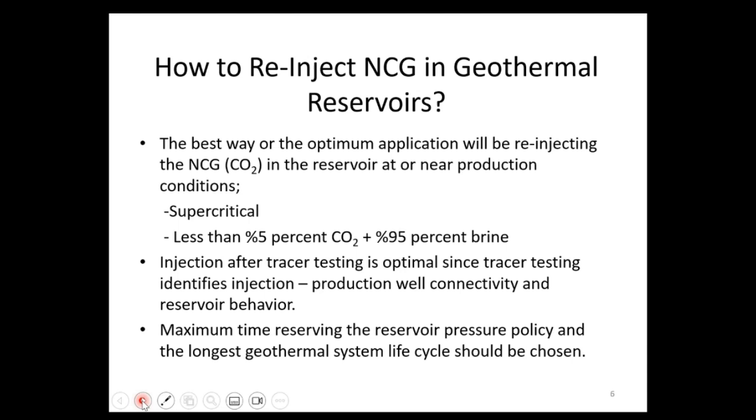Do not cause an early mobilization of communication between your production and injection wells. And if you already have a power plant with production and injection wells, it is best to run a tracer test to define the path of your brine, which way it mostly follows, which well is best to inject into, and which well is best to produce from. Then you can maximize and distribute your NCG according to your tracer test results, which is what we did in Turkey, and it helped.